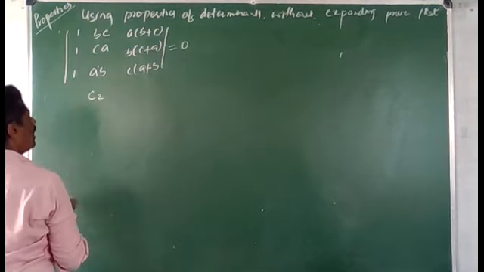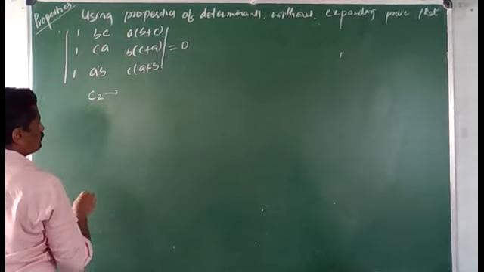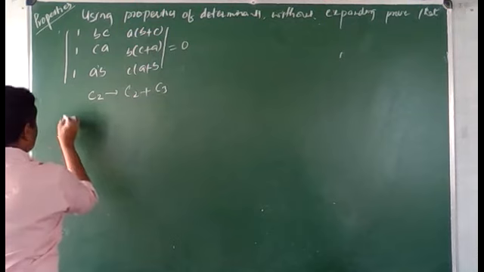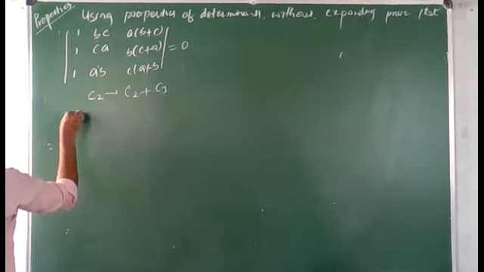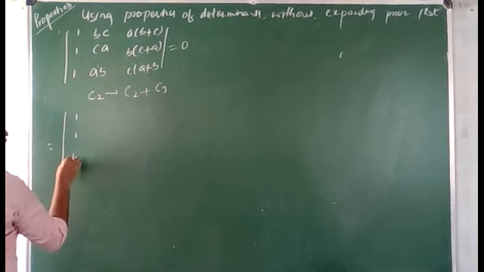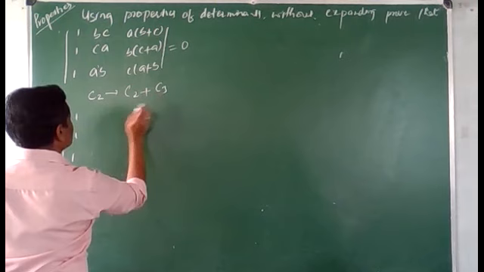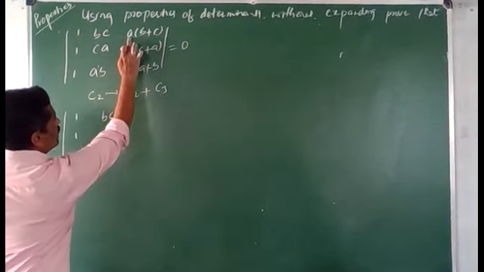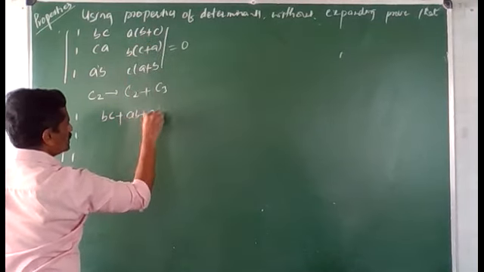C2 or C3. C2 gives rise to C2 plus C3. Again, column 1 is 1 1 1. What is C2 here? That is BC plus, multiplying before, AB plus AC.